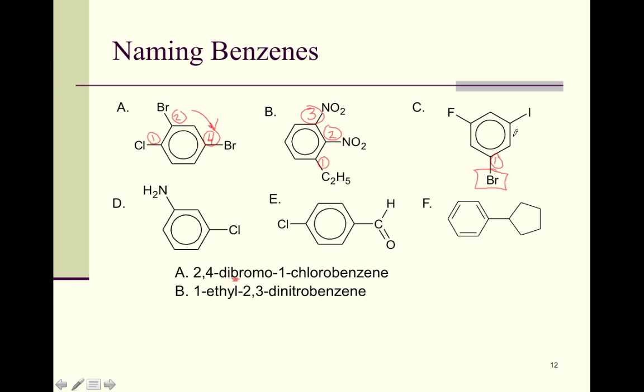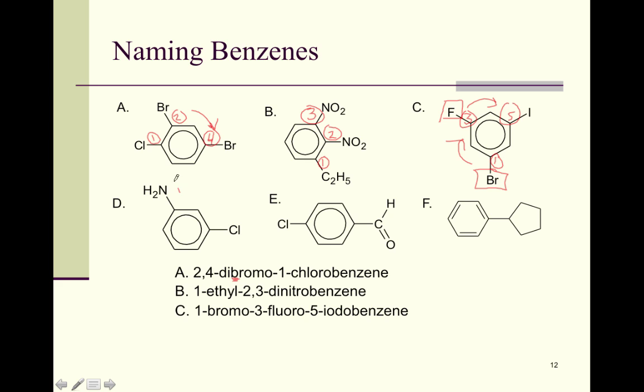Doesn't matter. So now I have a tie. How do I break a tie again? Alphabetical. F comes next, so I'll be going in this direction. So this would be 1, 2, 3, 4, 5. Remember, once you choose a direction, you maintain the direction for the entire molecule. List the substituents alphabetically. 1-bromo, 3-fluoro, 5-iodobenzene.